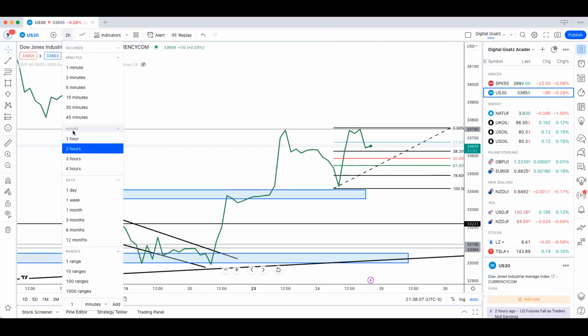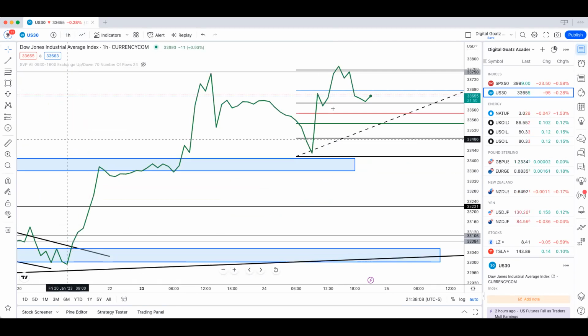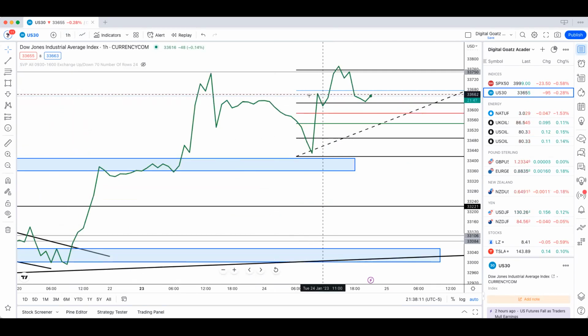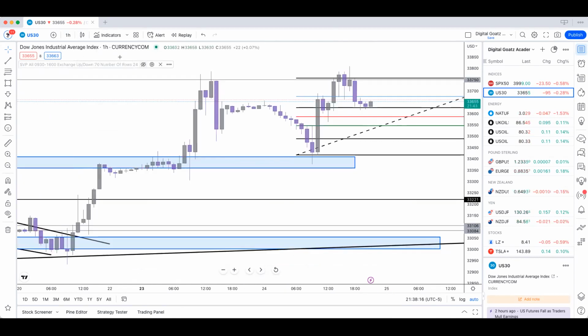Basically right here, you have the support. So this was the previous high, the market retested that, and now the market looks like it's creating support. If you get a push up based off of this move, then yeah, we're bullish.